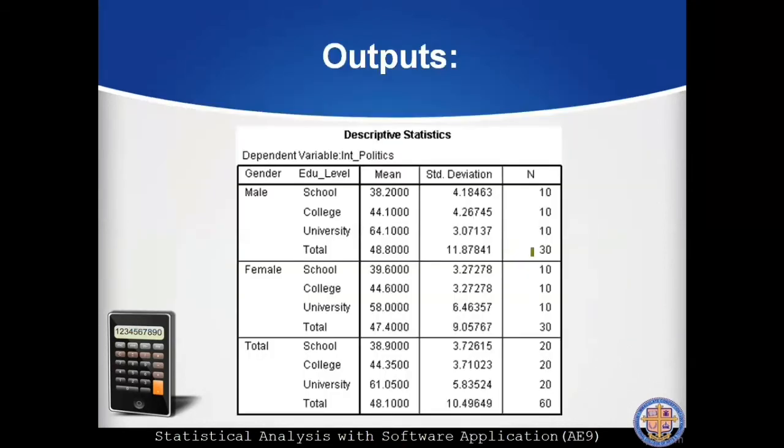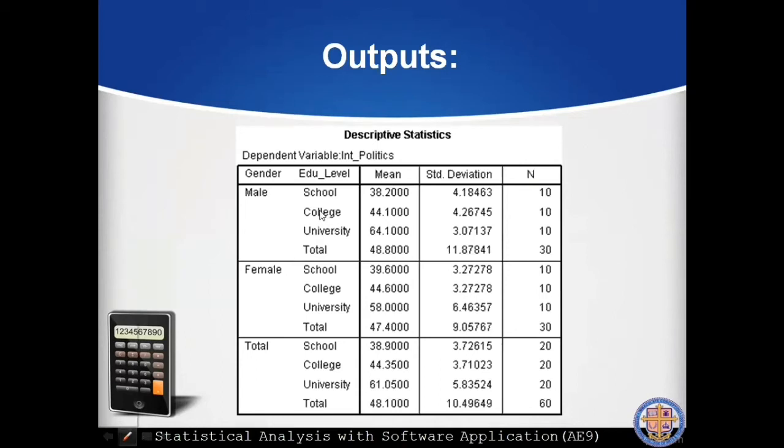These outputs will appear. First, we have here the descriptive table result, wherein we have the gender, comparing the gender in terms of their educational level. Example, male here. We compare male from school, from college, from university.